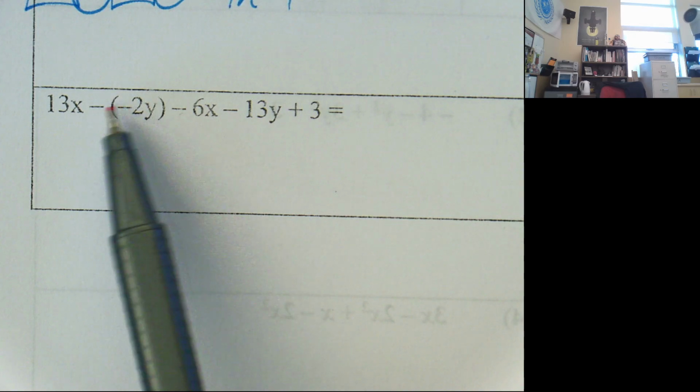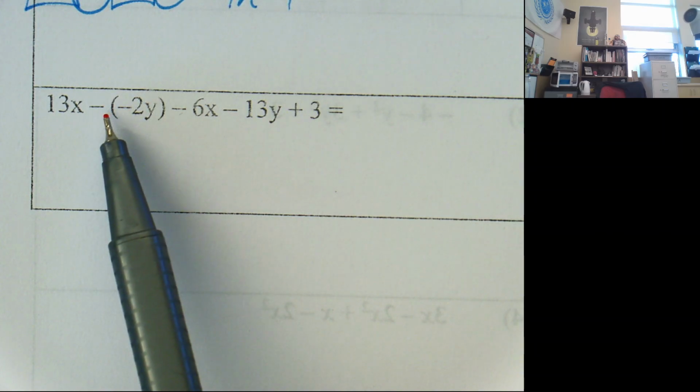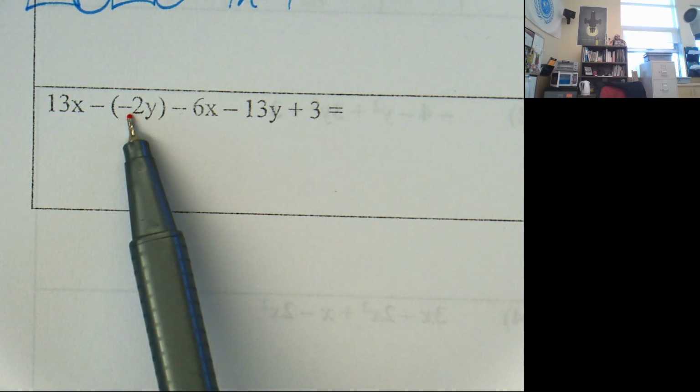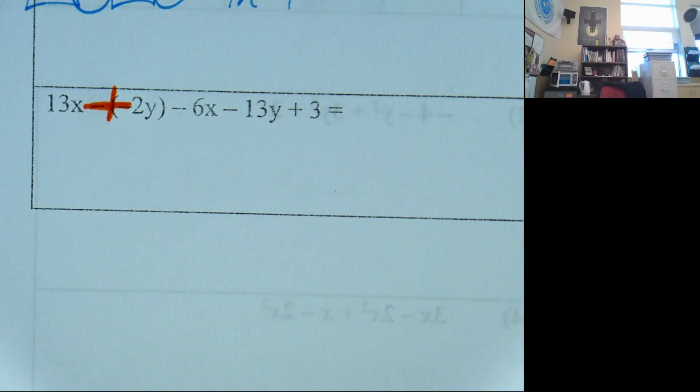What should this double negative become? A negative. If I'm subtracting a negative, that's the same as adding. So I'm going to make a big plus sign in there. The 2 negatives are going to have a big plus sign. So it's plus 2y now? Yes, subtracting negative 2y is the same thing as adding 2y.